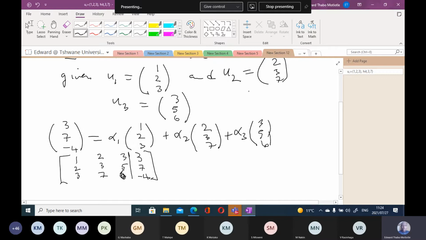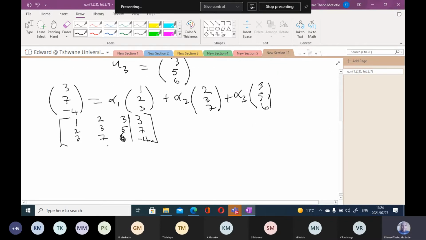Now, how do you solve this one? You can use Gaussian elimination to reduce this to row echelon form. So we are going to get rid of these entries: this must be 0, this guy must be 0, and this guy must be 0. For the first one, R1, you multiply it by minus 2 plus R2, it gives you R2.